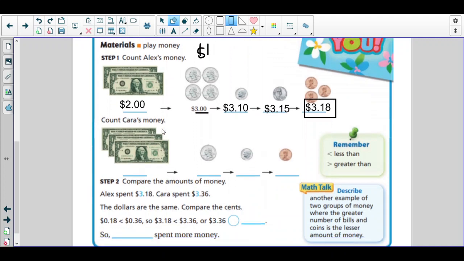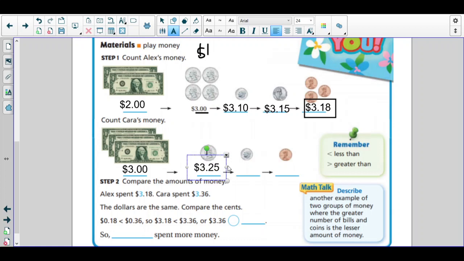Now let's come down here and see what Kara came up with. All right, she's got 1, 2, 3 bills. So $3. And then she has a quarter. So we'll add that to the mix there, $3.25.